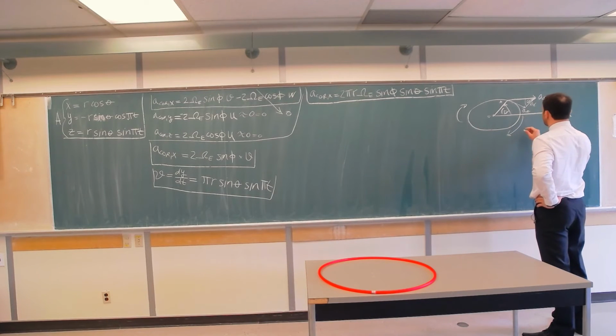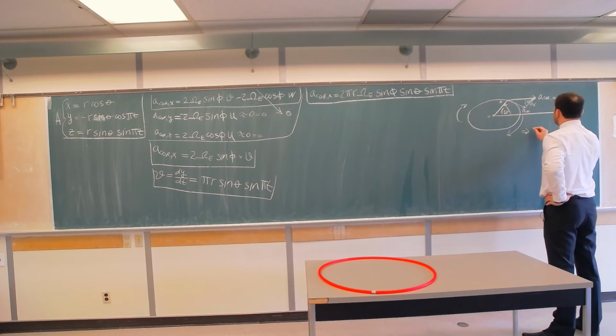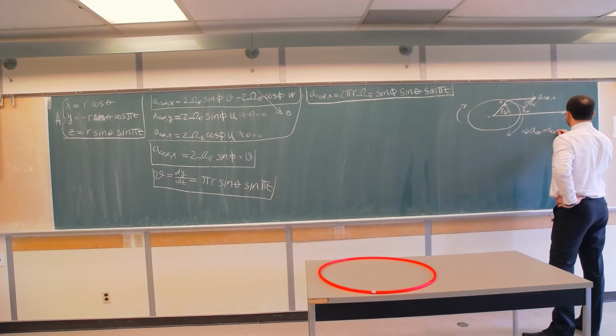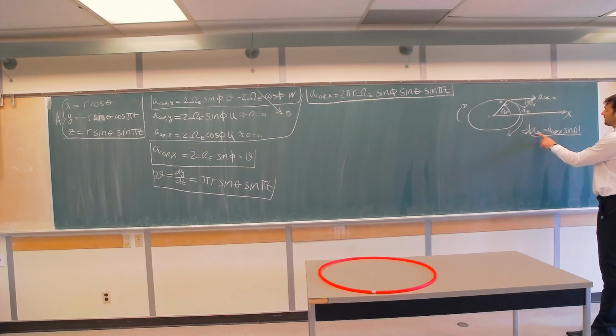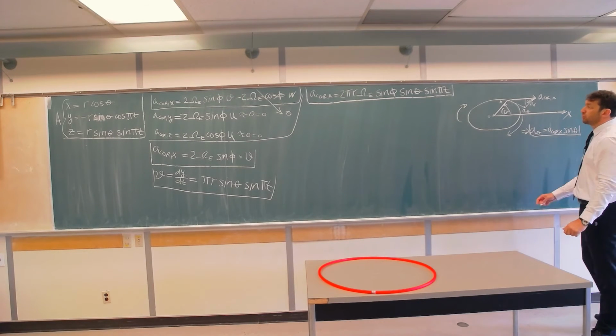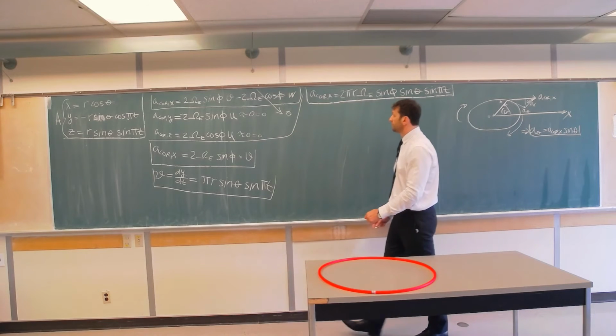And that means from this figure that A theta is really equal to A Coriolis x times sine of angle theta. So this is the contribution of the x component of the Coriolis acceleration that drives the water.